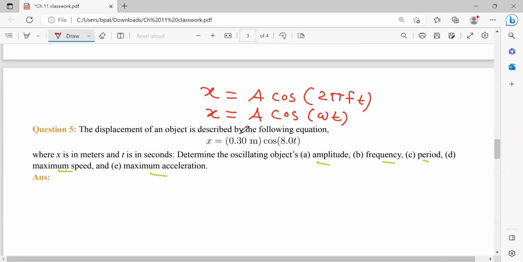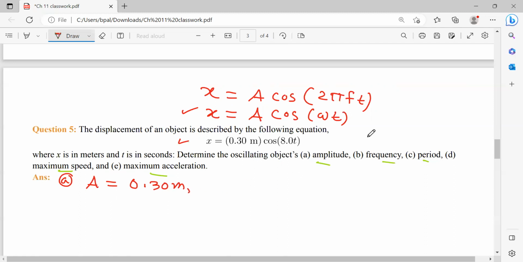So if you compare this equation with this equation, you see that the coefficient of cos is A, and here the coefficient of cos is 0.30, and that means the amplitude is equal to 0.30 meter.